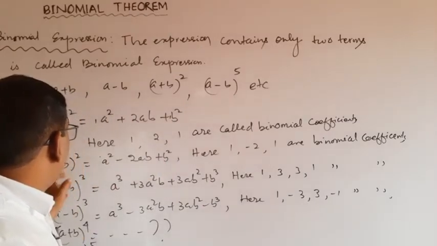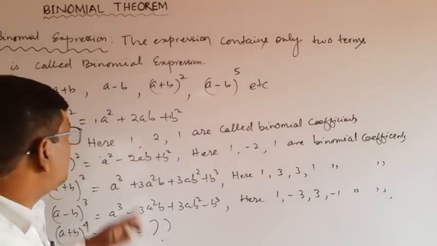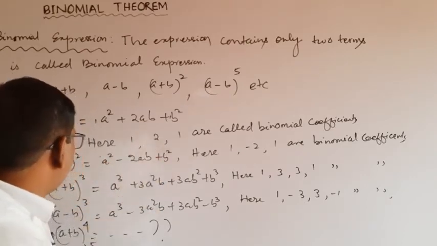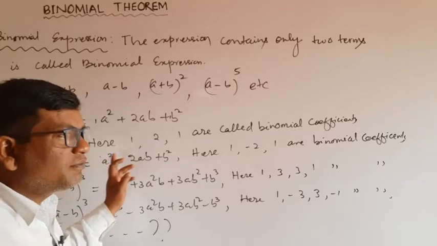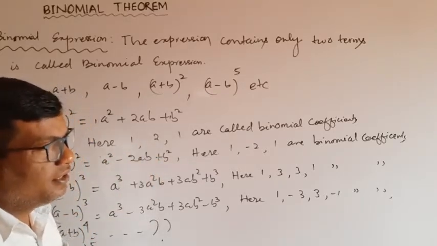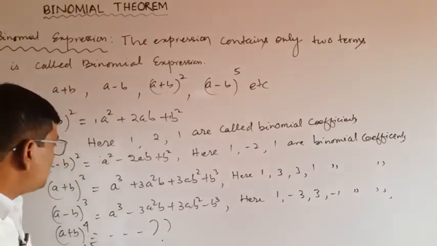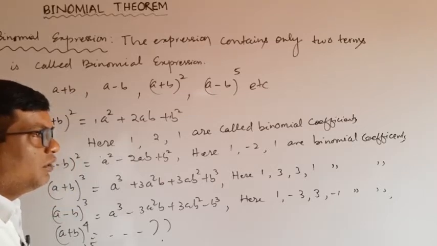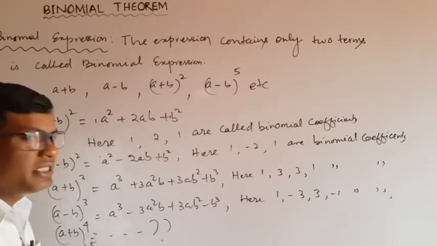Here for a minus b it is the same thing, but alternate plus and minus signs are present. If a minus sign is present here, then the expansion of this binomial expression follows the rule of alternate plus and minus signs.